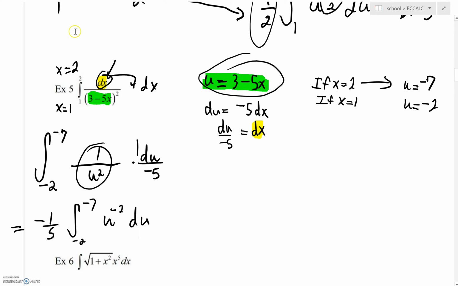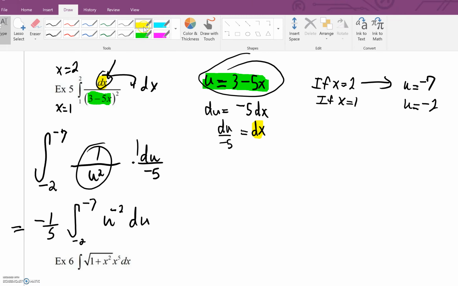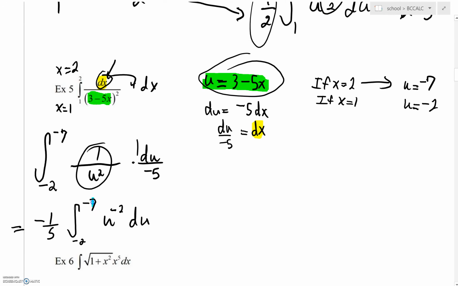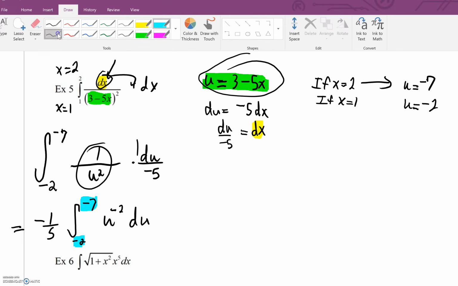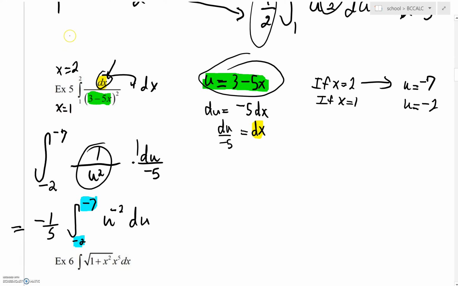And undoubtedly, I'm sure some kids are a bit uneasy seeing what we saw before with our boundaries, with that smaller number up on top. Mind you, you don't have to make this change, but I do want to point out that you can. I'm going to change this negative 1/5 to a positive 1/5 and then flip the order.